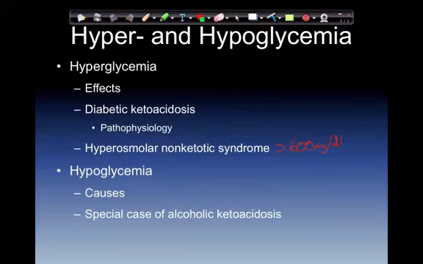They don't typically become acidic, and they may not produce ketones at all, and they may not have ketotic acidosis. Thought to be a result of pancreatic failure coupled with renal insufficiency. And this is table 13.3, and we'll look at it right after the next slide, DKA versus HONKS.